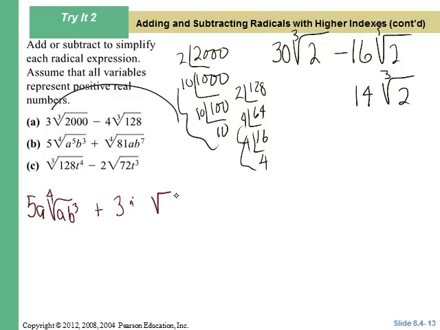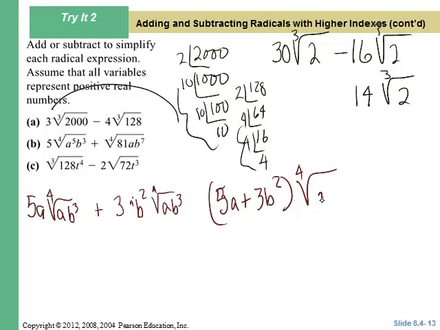And then the a stays on the inside. The b squared is on the outside. B cubed. So you could rewrite that as 5a plus 3b squared, fourth root, there, I forgot the 4, ab cubed.